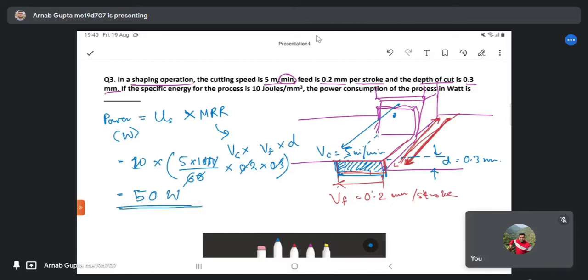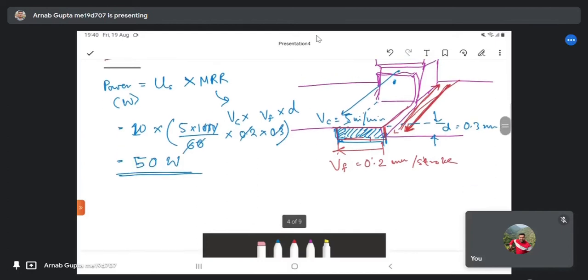Just cross check. And okay, so one thing. Yeah, so here power is generally we write as Fc into Vc. That is the force along the cutting direction into the cutting velocity.